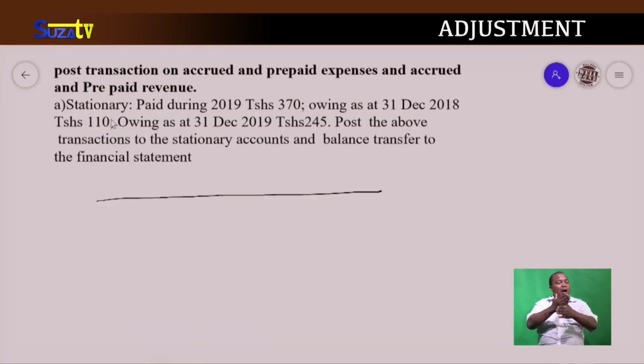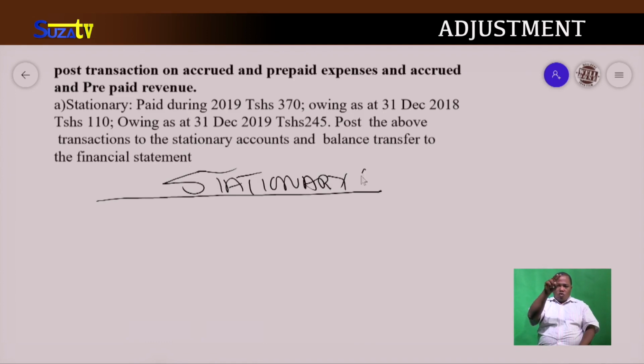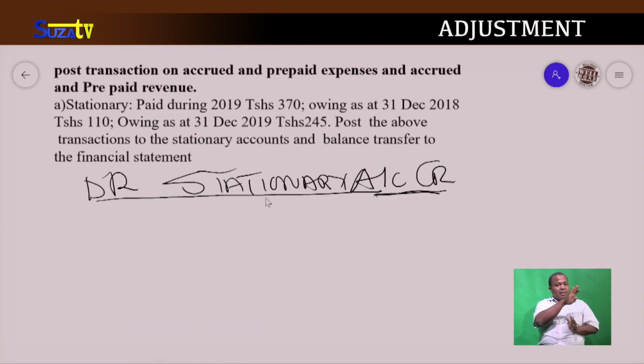The account is known as a stationery account. You put here debit, credit, and here debit. Then draw a line to bisect it into two sides.